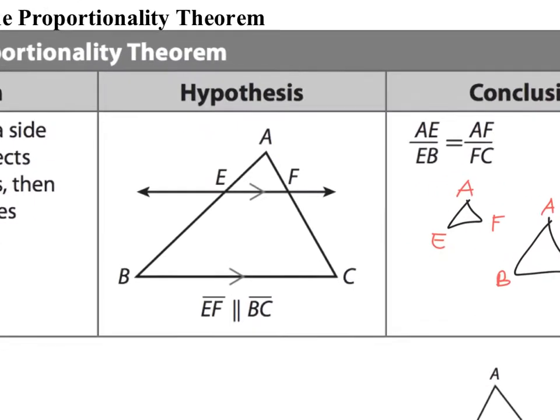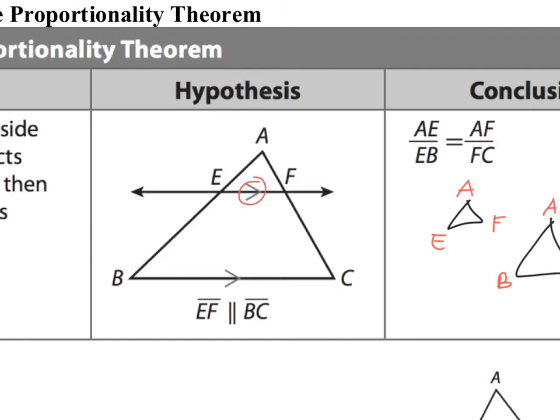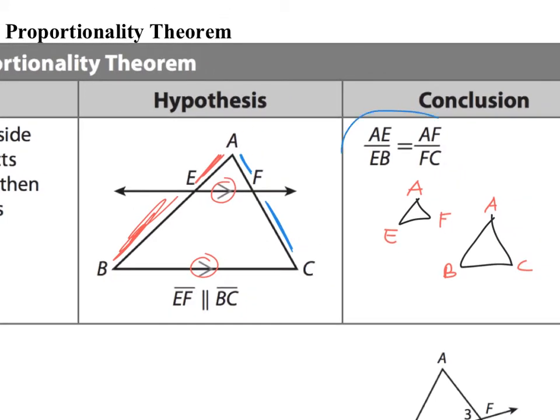So if I know for a fact that those two sides are parallel, okay, if they're not parallel, this does not work. So you have to make sure they're parallel. But then I can say, okay, well, this distance here from A to E and this distance here from E to B, that ratio has to be the same as A to F and F to C. So this fraction right here.